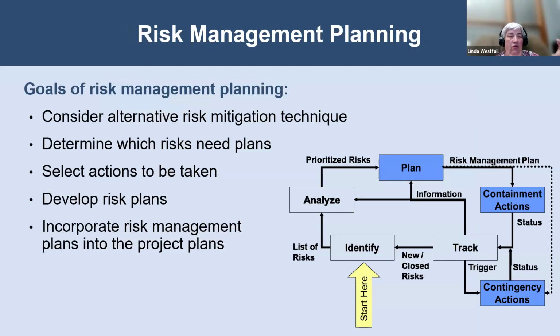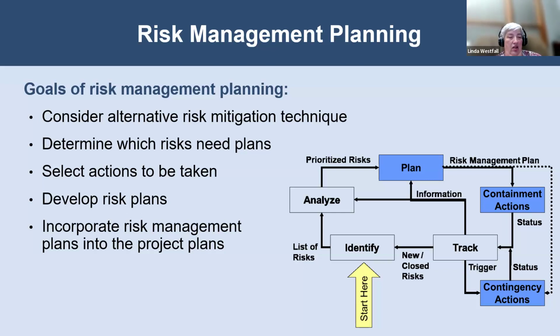So the goal of risk management planning: analyze your risks, consider all the alternatives, and there are 5 different alternatives. We can get more information, we can avoid the risk, we can transfer the risk, we can put in containment plans, we can put in contingency plans, and each of those may have multiple alternatives.